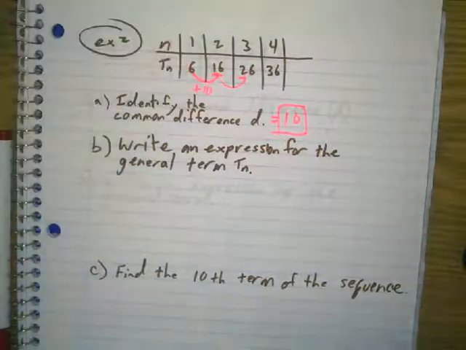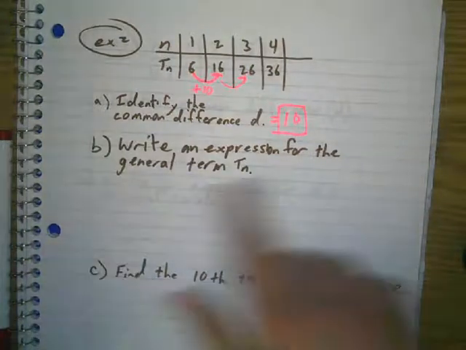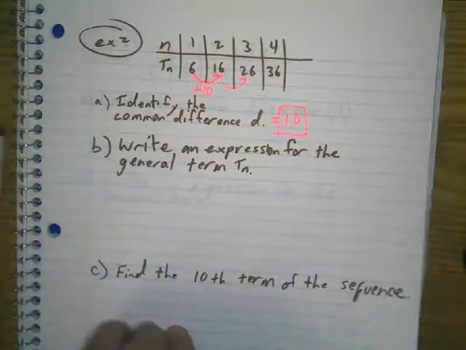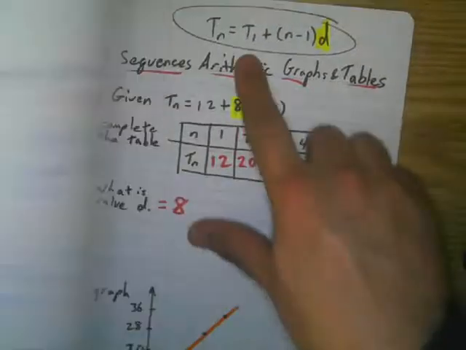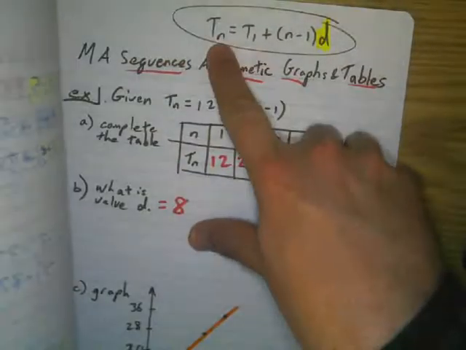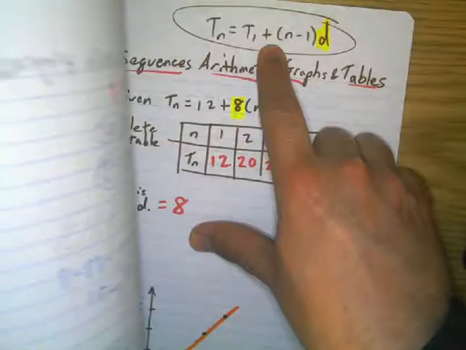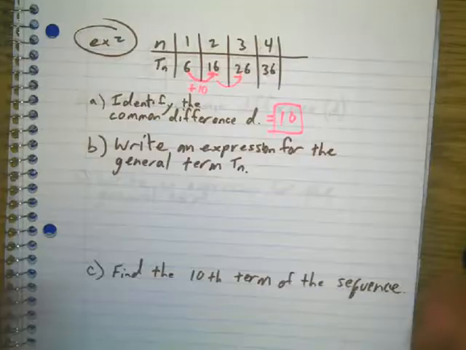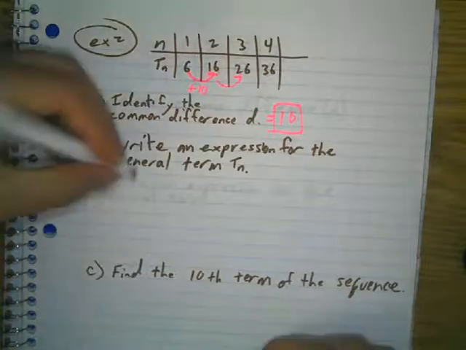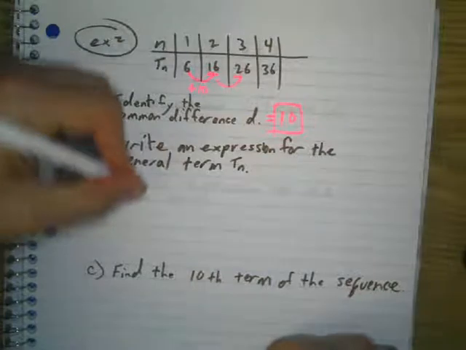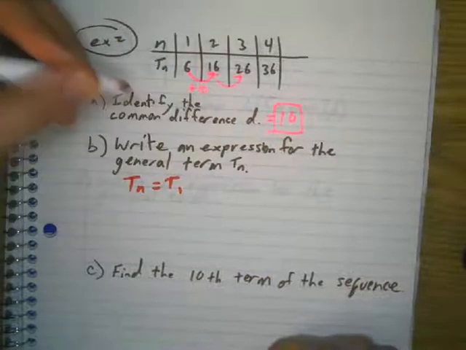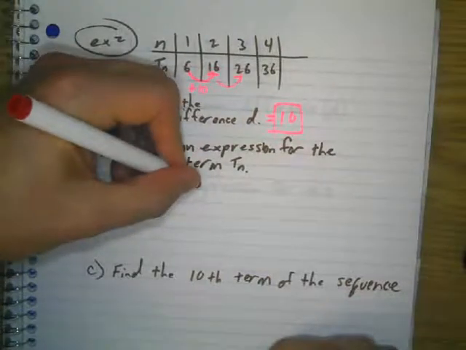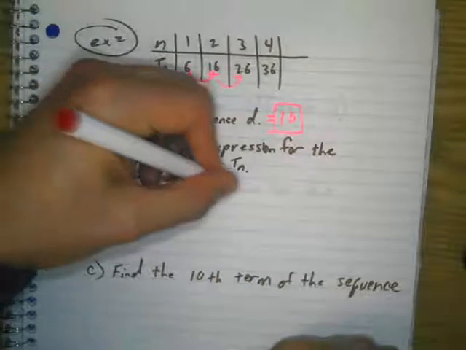All right. So write an expression for the general term. Okay, so we can use the formula that we've got back here. Tn equals T1 plus (n minus 1)d. So I'm just going to rewrite it. Tn equals T1 plus (n minus 1)d.